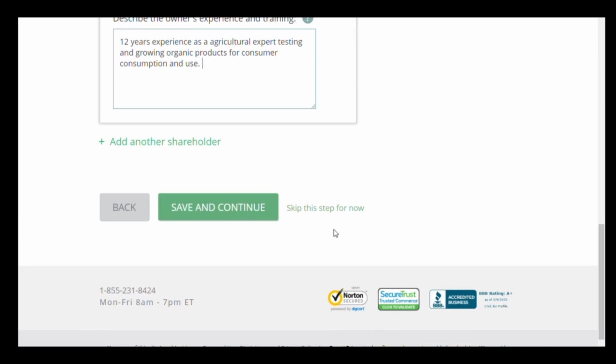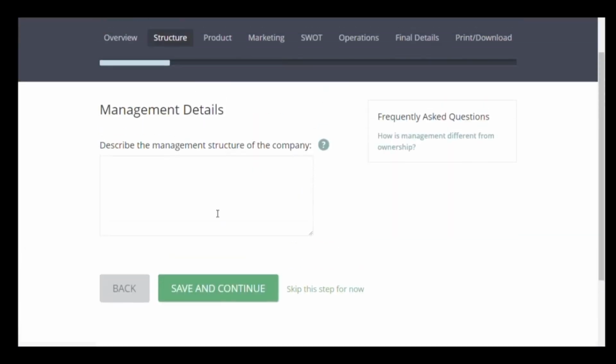You want to make sure that whatever you decide is something that you're going to be okay with and agree with for the future to come, because when you file your legal paperwork, it needs to match that, the paperwork that you file with the state when you're filing the legal structure, and also how you prepare taxes and everything else moving forward. So we want to save and continue.